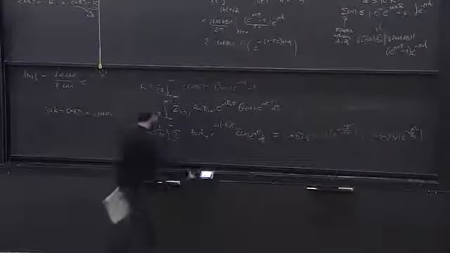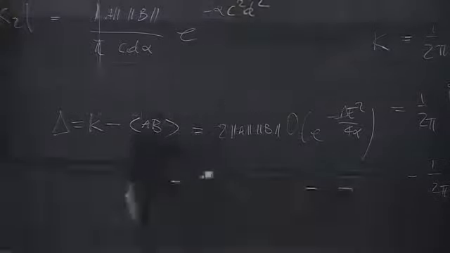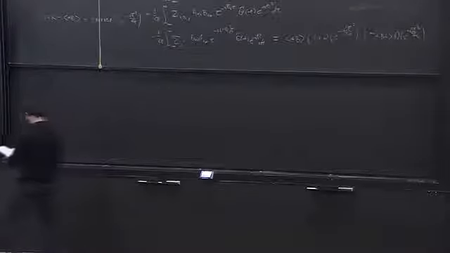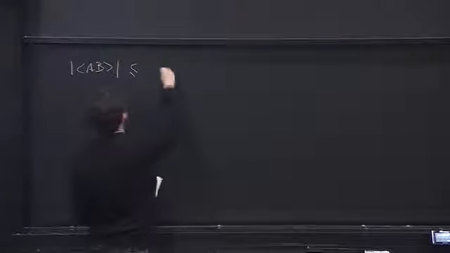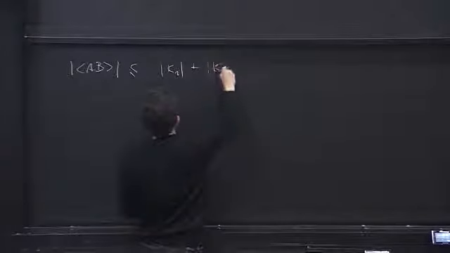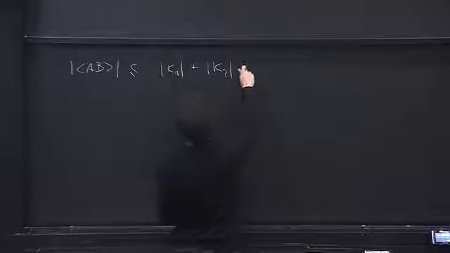So now let's put all the pieces together. By putting all the pieces together, we have that the correlation functions between A and B can be upper bounded by the bound on K1 plus the bound of K2 plus this bound that we just found on delta.